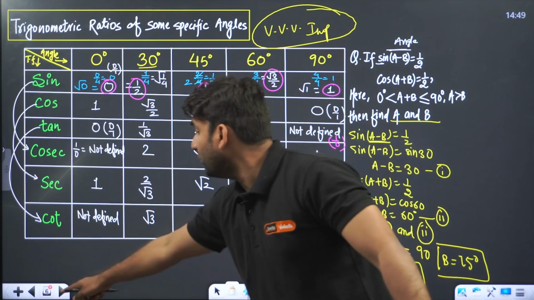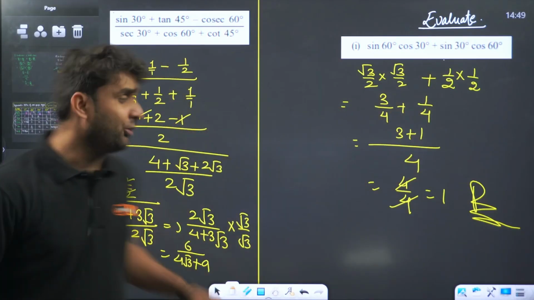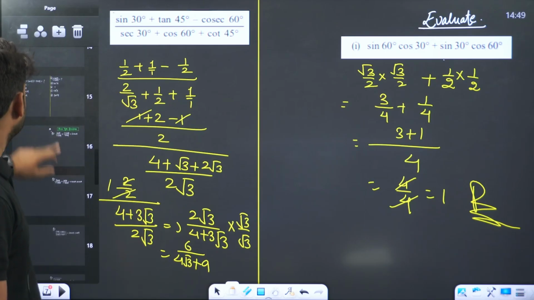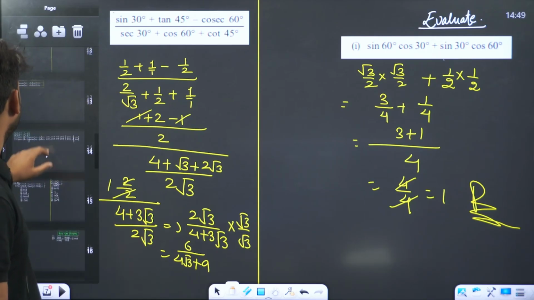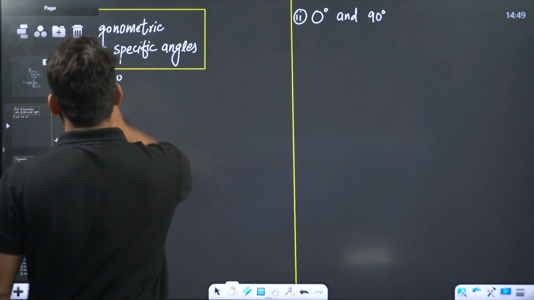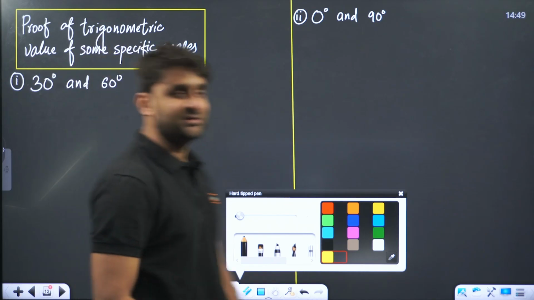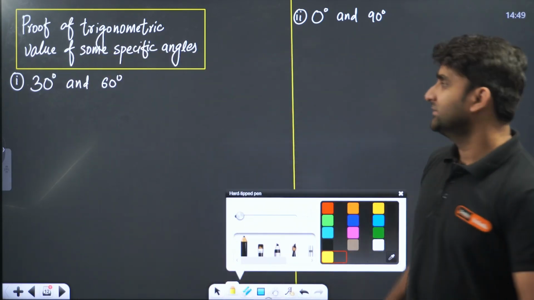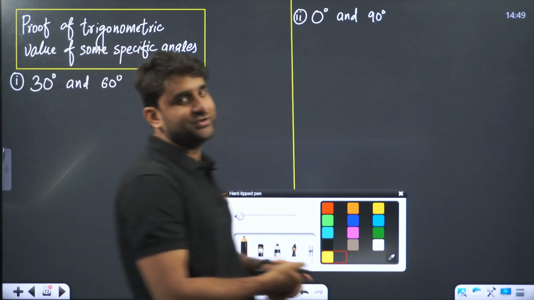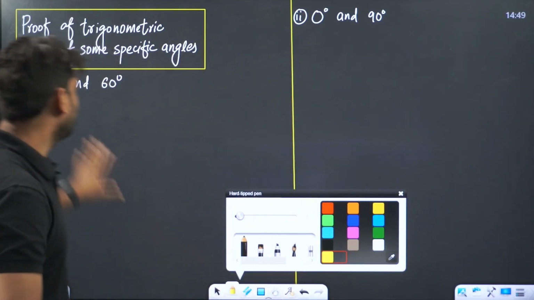So let's talk about the proof of how to find out the values geometrically. Okay, I'm going to make your learning very interesting. So let's find out the trigonometric values for angle 30 degree and 60 degree first. I hope you know the values of sine 60, cos 60, tan 60, sine 30, cos 30, cosec 30 and everything. Okay, so let's find out.